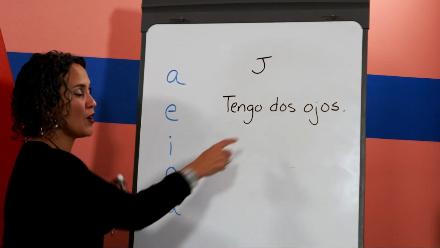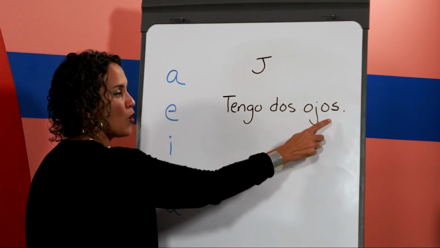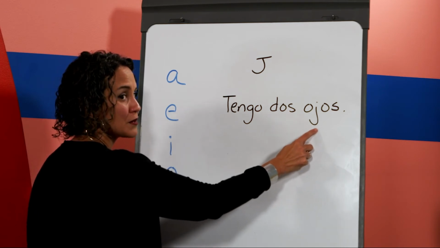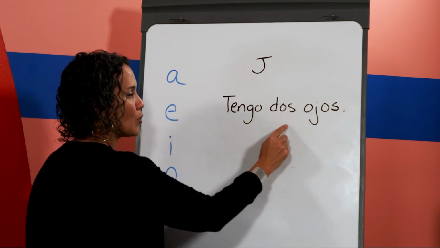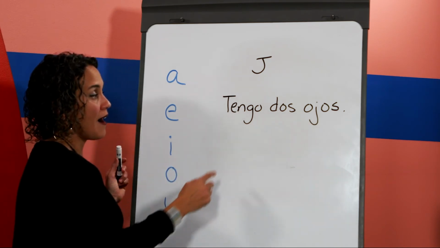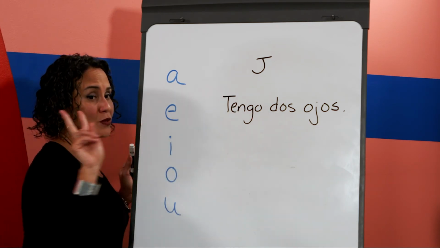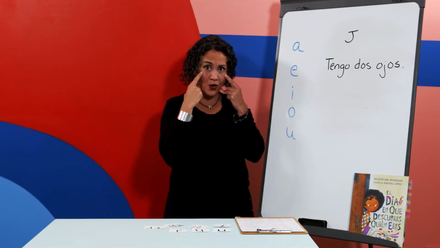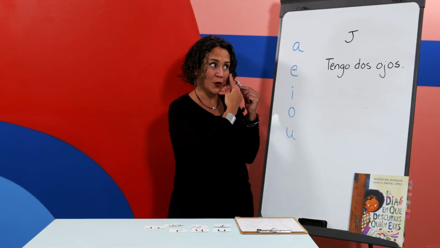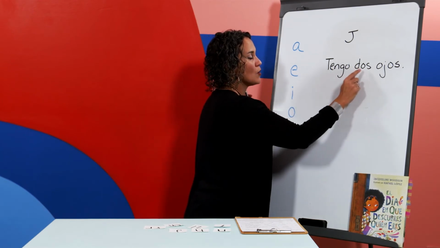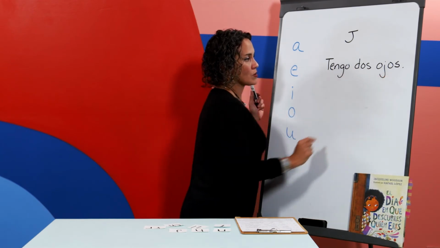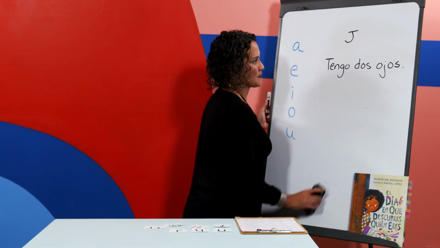Tengo dos ojos. Did you hear me how I pronounced that one? Like H in English? Tengo dos ojos. I have 2 eyes. Ojos is eye. Ojo, ojo. So I add an S because there's 2 of them. Tengo dos ojos. Perfect.